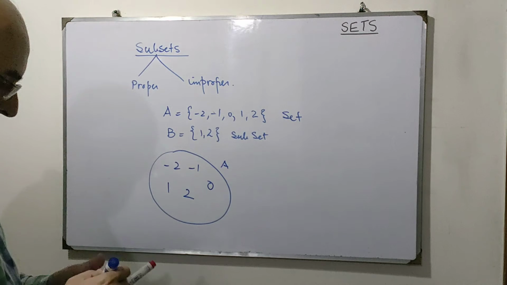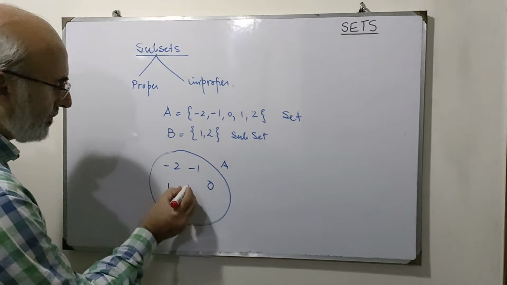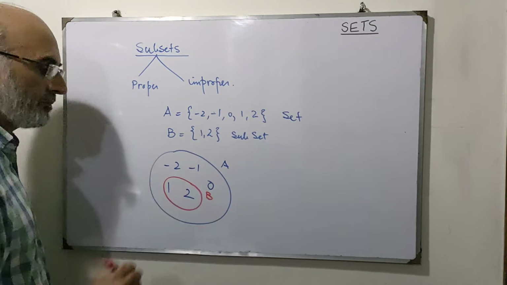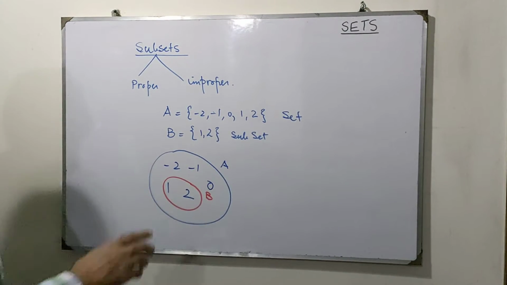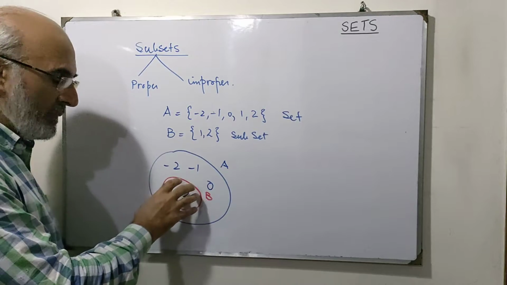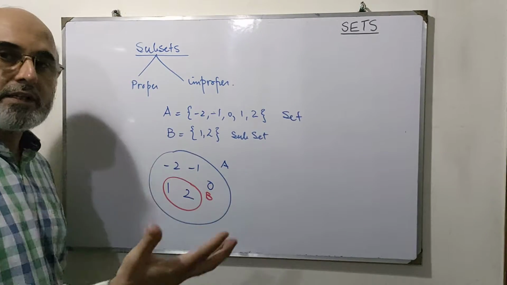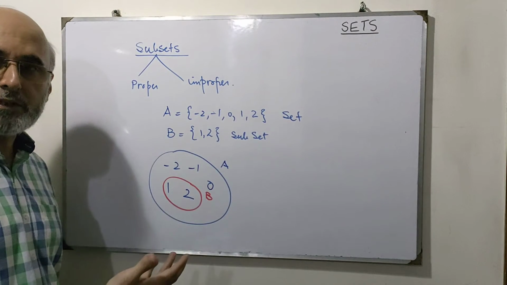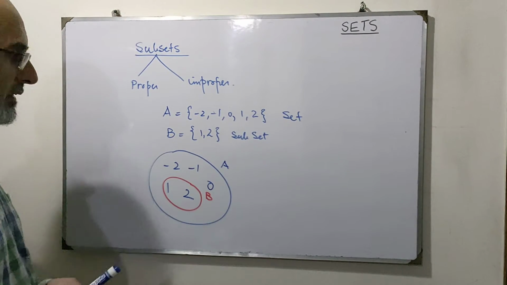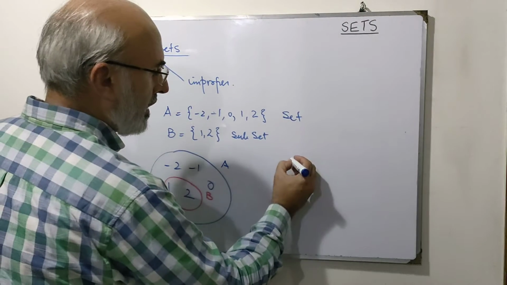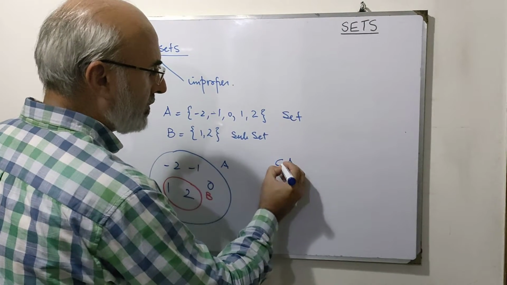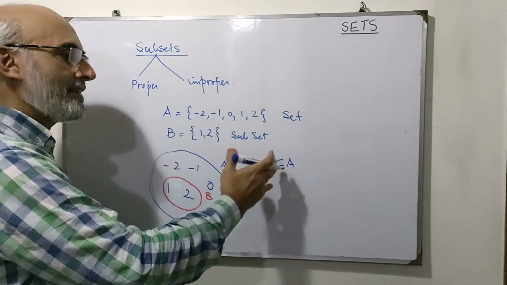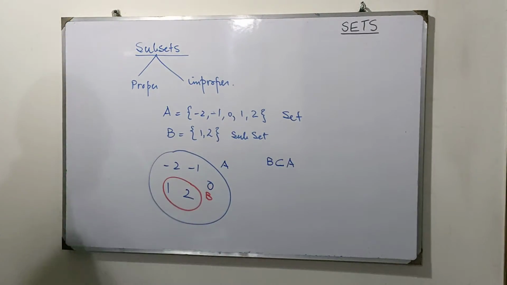And this is B. So A is a set, B is a subset, B contains some elements of A, so that is why it is a proper subset. And we also write it as A contains B, so B is a subset of A.